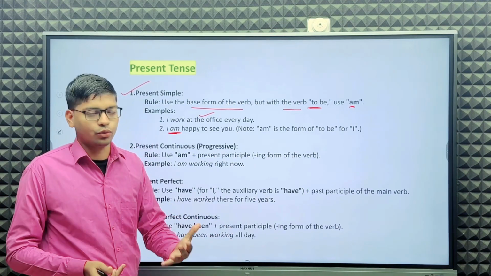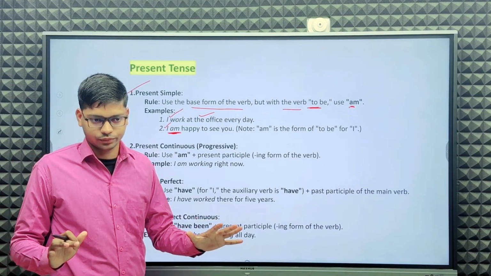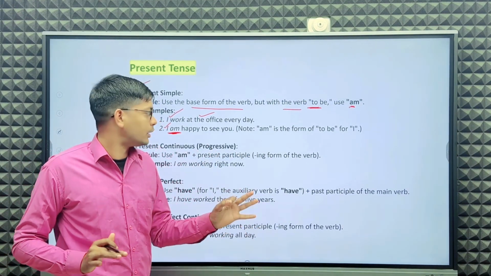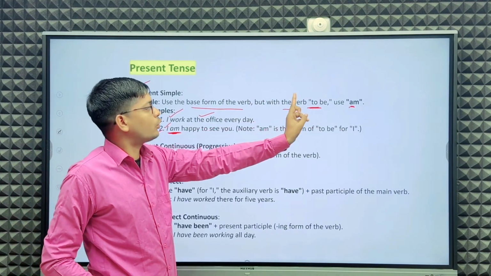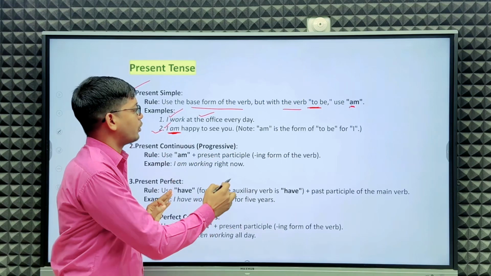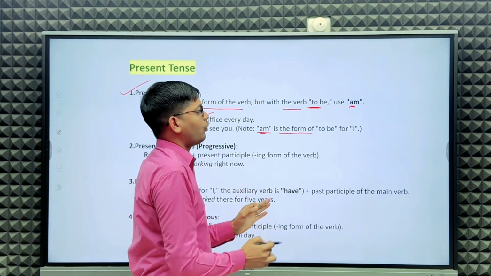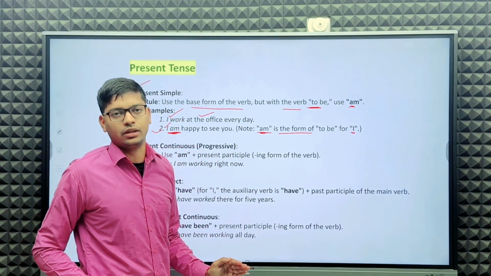Here "I" is the pronoun in both, but in the second example we use it with the verb to be. So "am" is the form of "to be" for "I". This is the main difference here.